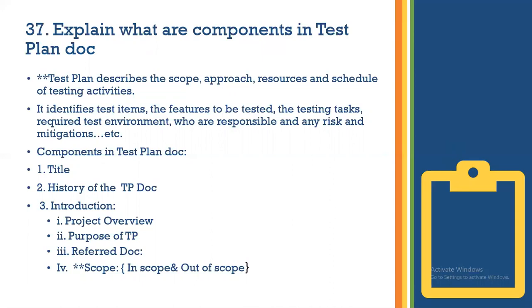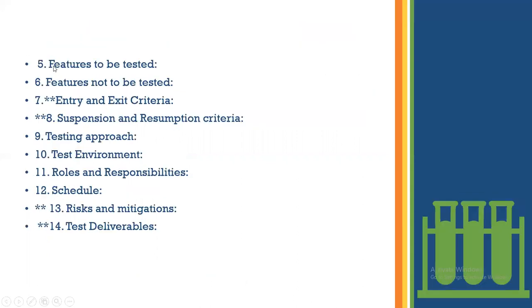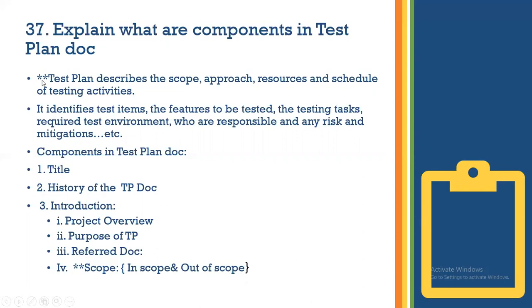It defines the test items, the features to be tested, the testing tasks, the required test environment, who is responsible, and any risks and mitigations. If they ask for the components, these things are not required. Just for understandability, I give what test plan means. You have to explain what test plan means, then what the components are.